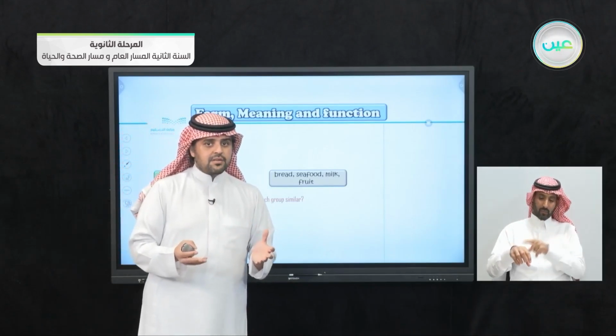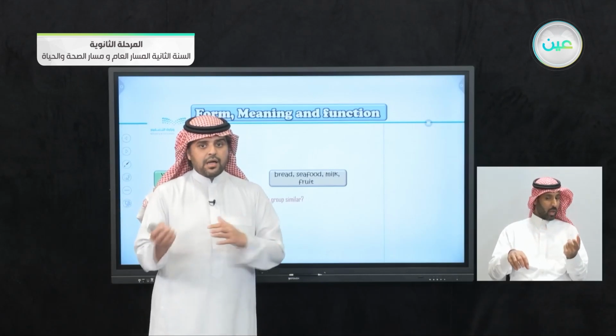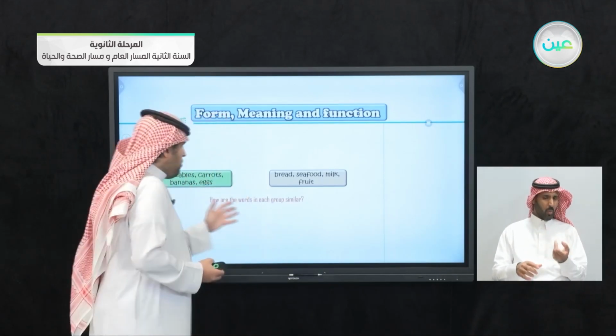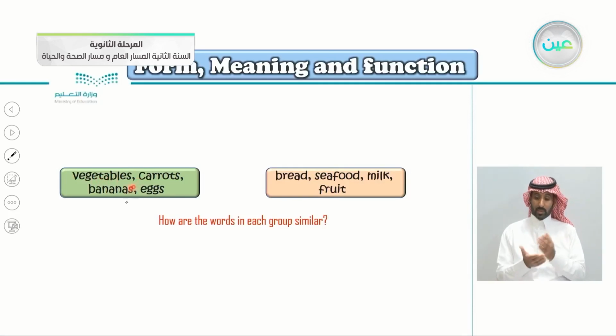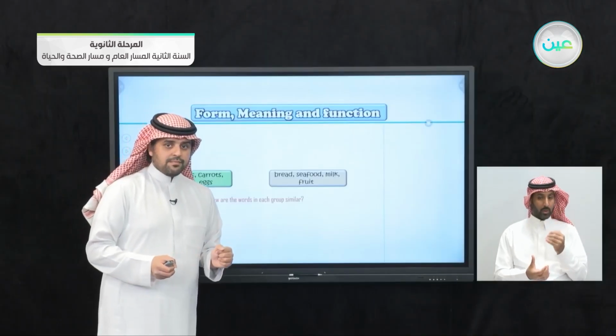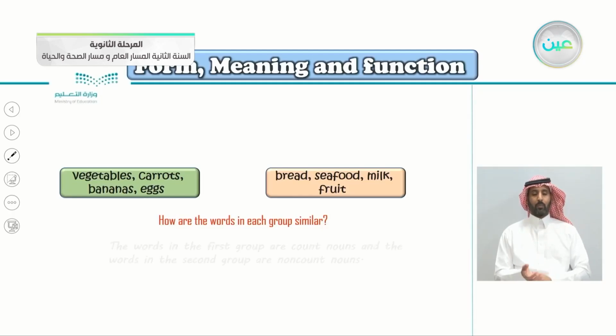How are they similar? How are the 2 groups different from each other? So vegetables, carrots, bananas, eggs. How are these words similar? Bread, seafood, milk, fruit. How are these words similar? So, do you know the answer? So let's look for the answer here.